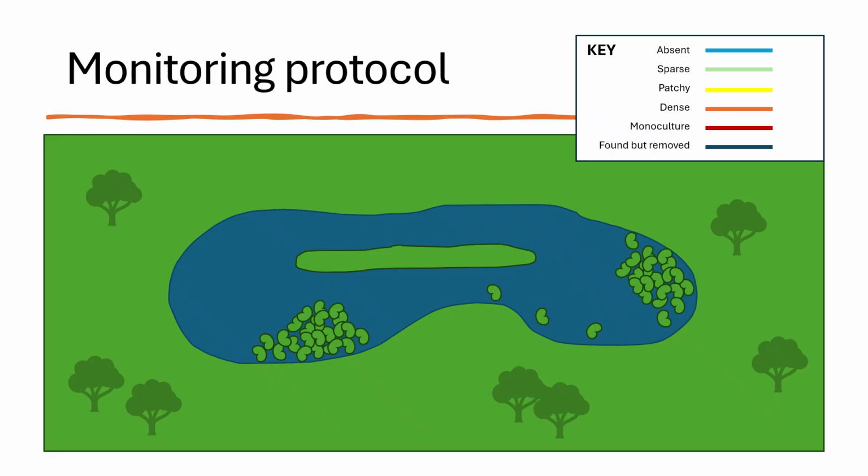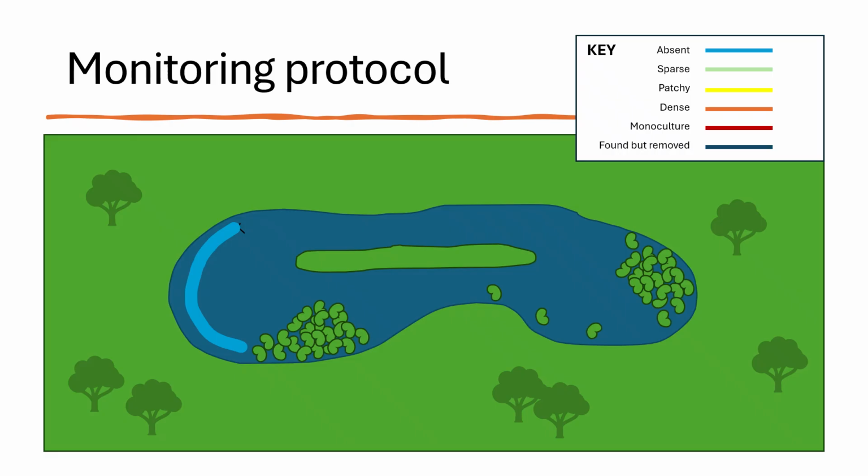The way this works is you can either stream your location, meaning that the line is created and follows you as you walk along, or you can manually draw the lines in the app. In this example, the lines will be streaming. Say you start your survey here and notice that there is no EFB. You will start streaming a line showing that the EFB is absent, or this blue color.